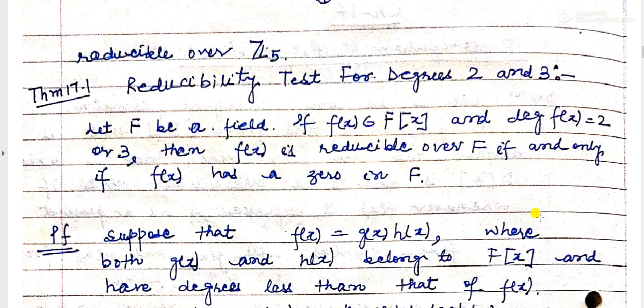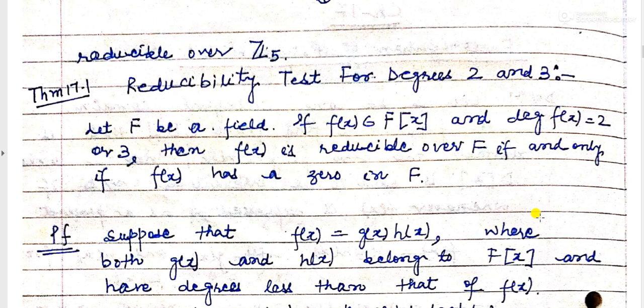So suppose that f(x) is equal to g(x) into h(x). We are assuming that f(x) is reducible over F. So we are taking f(x) equal to g(x)h(x), where g(x) and h(x) belong to F[x] and both have degrees less than the degree of f(x).